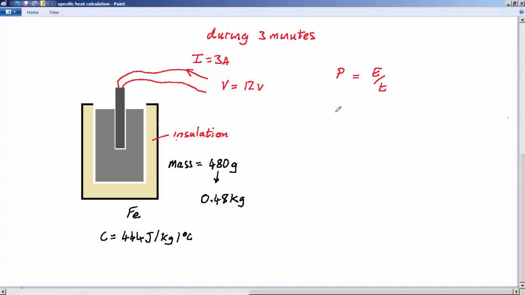Therefore, the energy transferred, which is what we're interested in, is equal to the power times the total time through which that power is operating. And then remembering that the power is equal to the voltage multiplied by the current, you plug that into that energy transfer equation, which gives you E equals V times I times T.